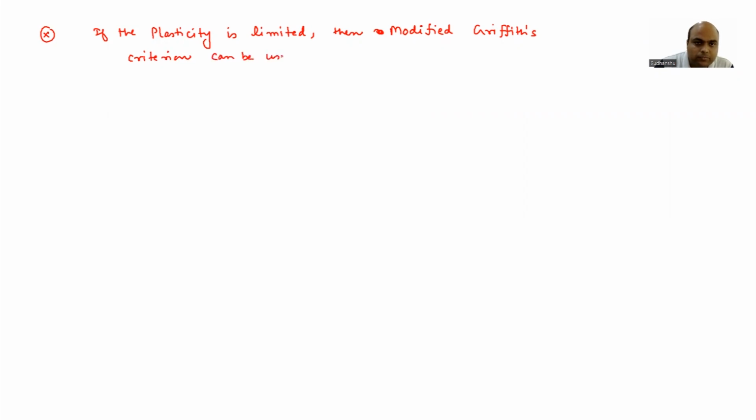So if the plasticity is limited, then the modified Griffith criteria can be used. And it was proposed by Orowan.